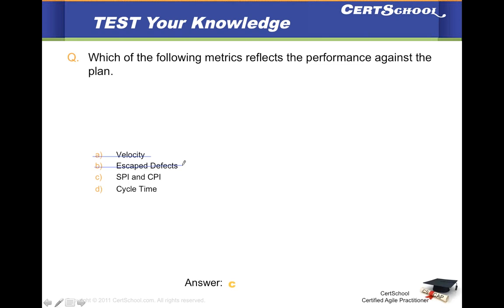It has nothing to do with the planning. Schedule performance index and cost performance index, if you remember the formula, are earned value divided by planned value and earned value divided by actual cost. That is where you are measuring it against some plan. And cycle time is another metric, but it has nothing to do with planning. Okay, correct answer is C.